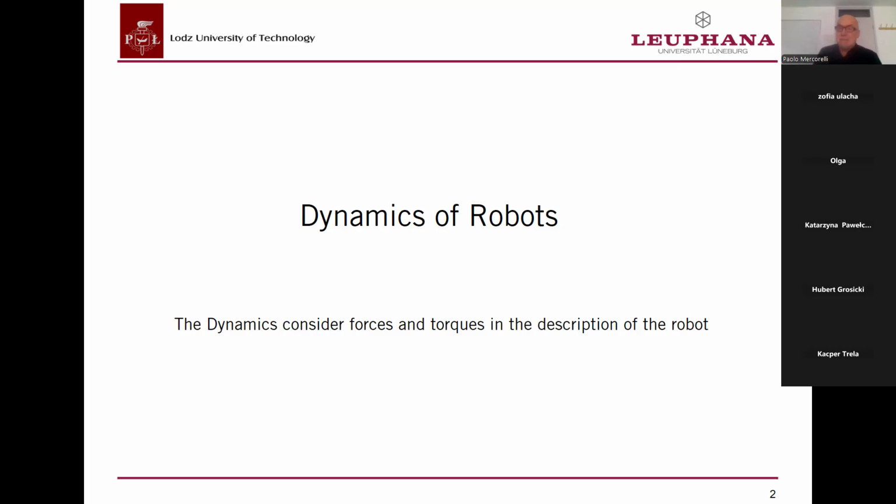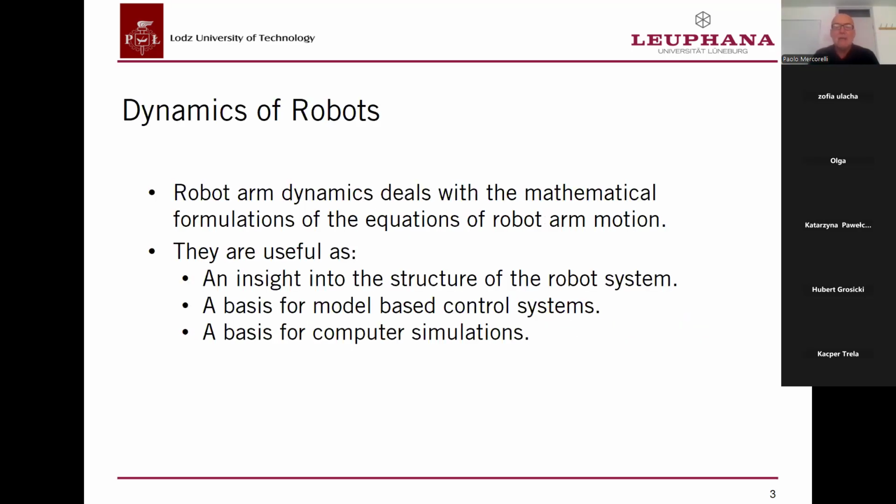Because we can describe the motion of a robot using just kinematical variables, position and velocity. In this case, the forces and the torques must be compensated, should be zero, and the linear or angular acceleration also zero. This means it does not appear, we don't consider it in the motion.